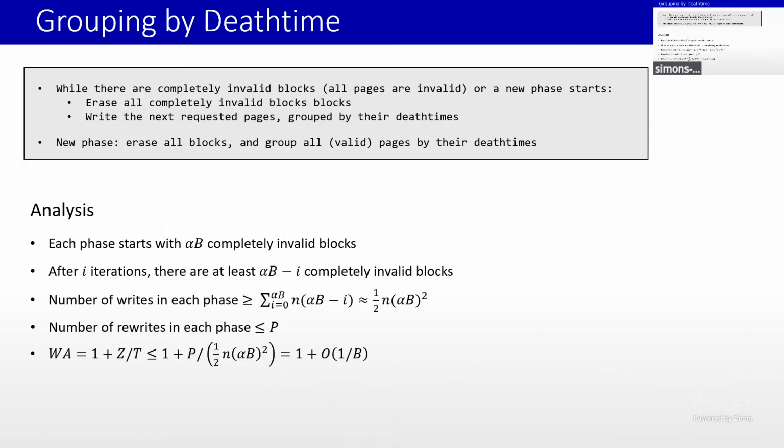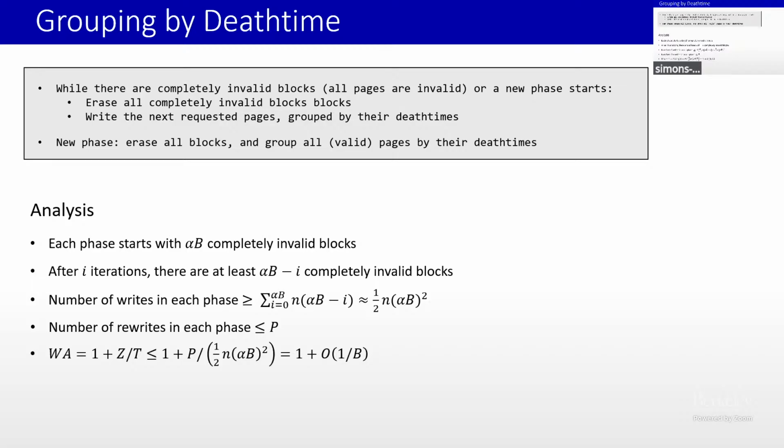So let's see how we estimate the write amplification. A phase starts with alpha B completely invalid blocks which are cleaned. After i iterations, there are at least alpha B minus i completely invalid blocks, because every batch has at most one hybrid block.